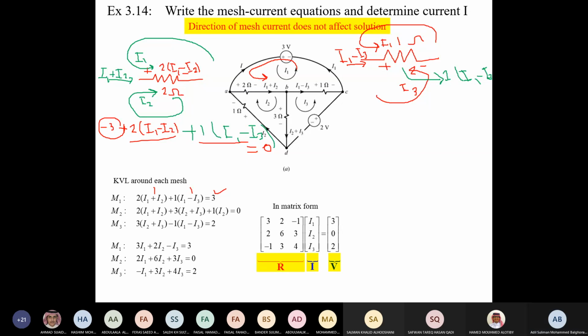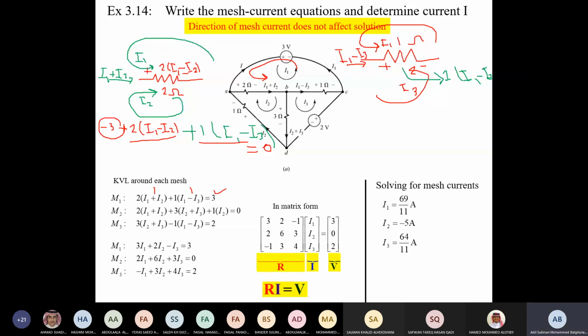Now I can solve, and I get this. However, I look now, what do I want? I want I, which in this case is opposite to I1, right? This is I1 coming like this. So that means I equals minus I1, okay?